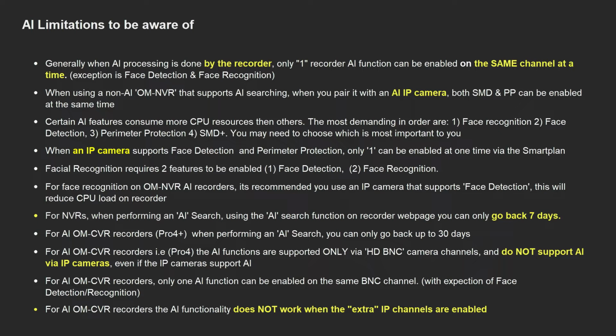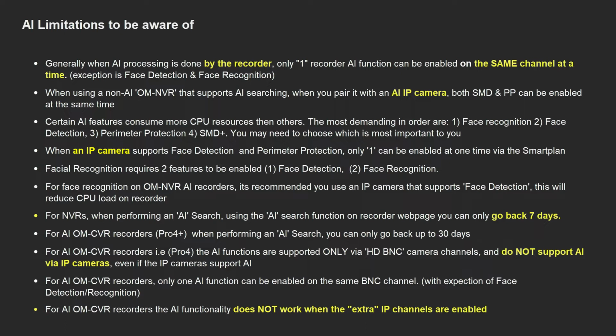Generally speaking, when the AI is done on the recorder, only one recorder AI function can be enabled at the same time. The only exception to this is usually face detection and face recognition. But if you're using an Amiga NVR, offloading the face detection to an AI IP camera is advisable because it takes the load off the recorder.